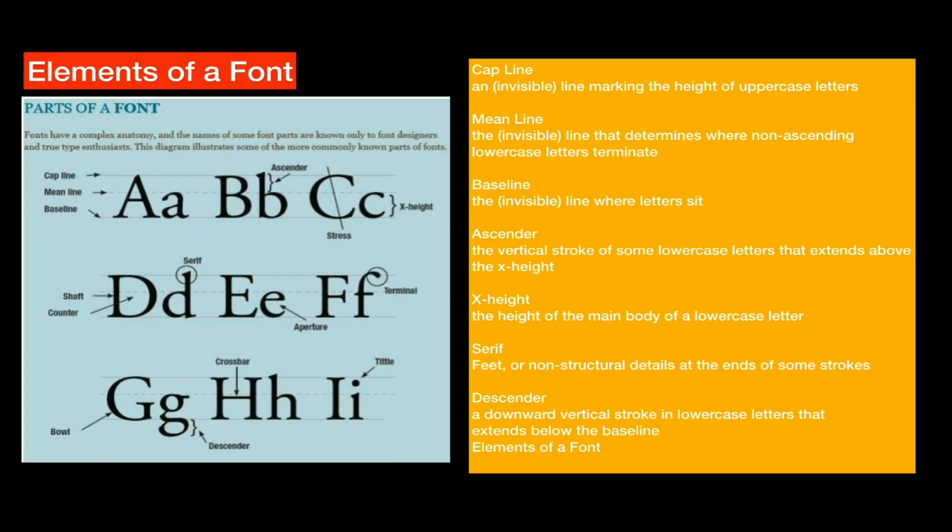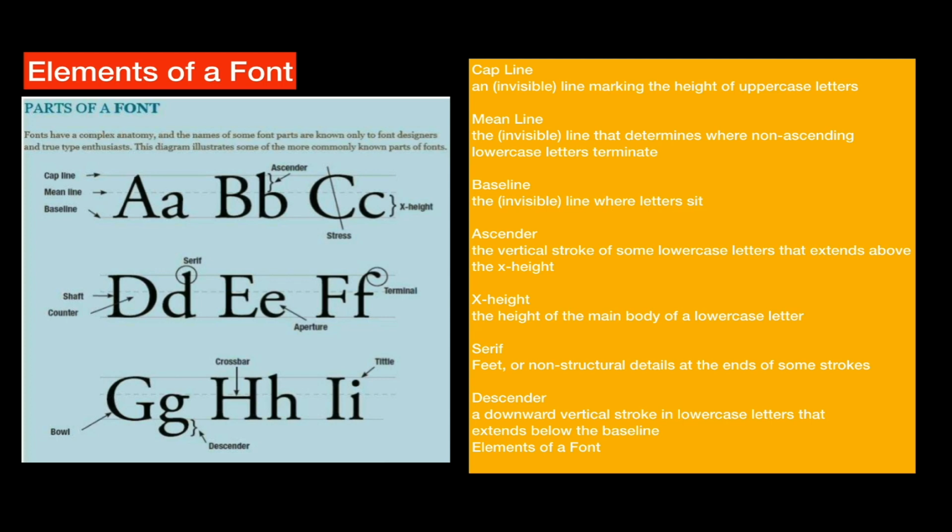So within a font, these are the elements. You've got cap line, mean line, baseline, ascender, x height, serif, and descender. If you're a graphic design student and you move on, you're going to take a typography class and you will learn how to use these elements of fonts to create fonts yourself. So you will know what a cap line is because you'll have to make something that has a cap line.